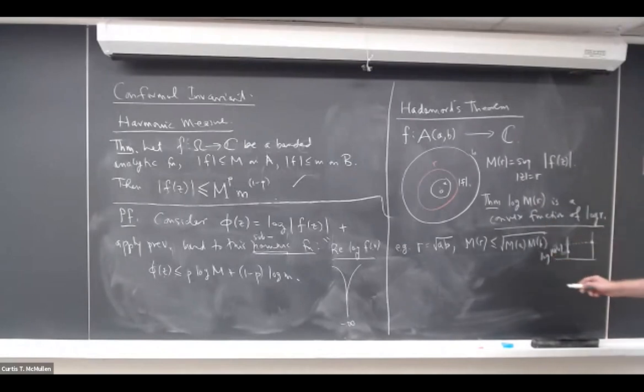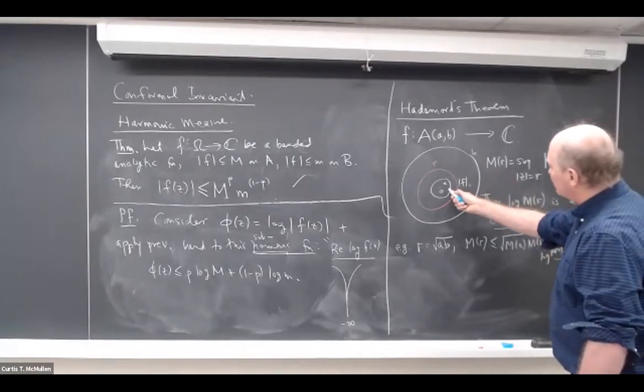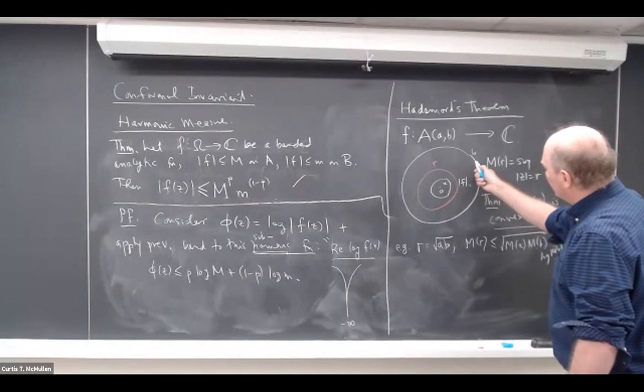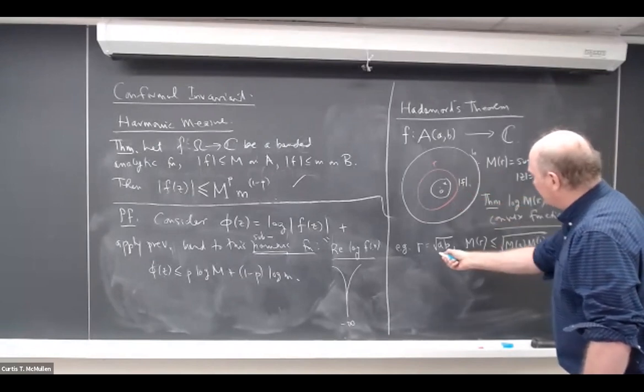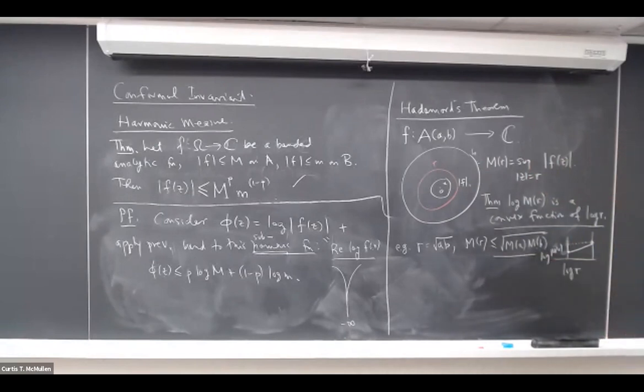But Hadamard's theorem says that at least if we're looking at this as a function of log r, it lies below the straight line joining those two values. That's why this inequality is stronger when the function f is big on this boundary but small on this boundary. Both the large and small bounds play a role in controlling the value of f.